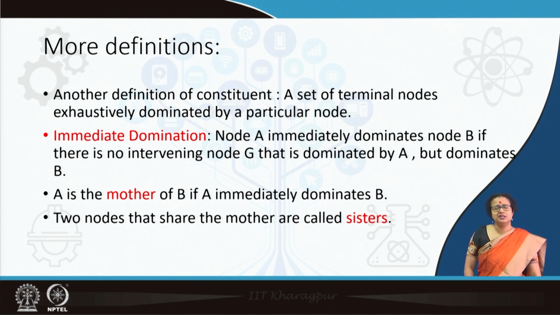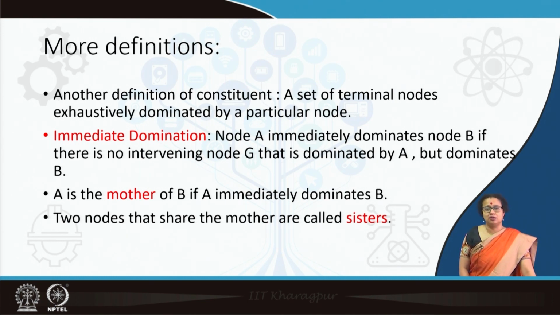And similarly, we can use the notion of sisters. We can say that two nodes that share the mother are called sisters. For example, in NP, we can say that spec and n bar are sister nodes.